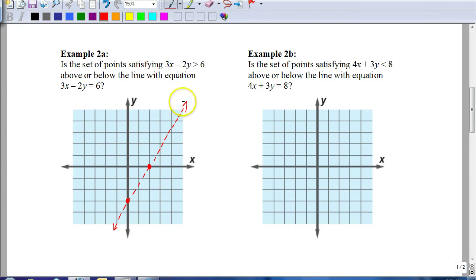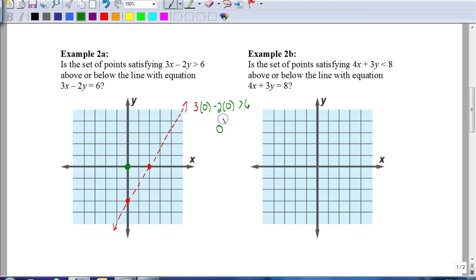So let's put 0, 0 in here for X and Y. It's always important to pick a point that's not on the line. So 0, 0 would be where X is 0. I want to see if this is greater than 6. Well, 3 times 0 is 0. 0 minus 2 times 0 is 0.